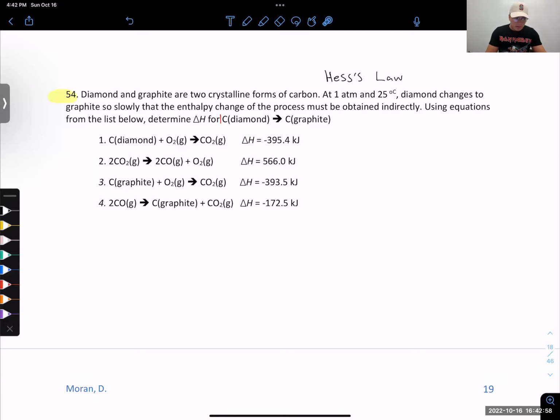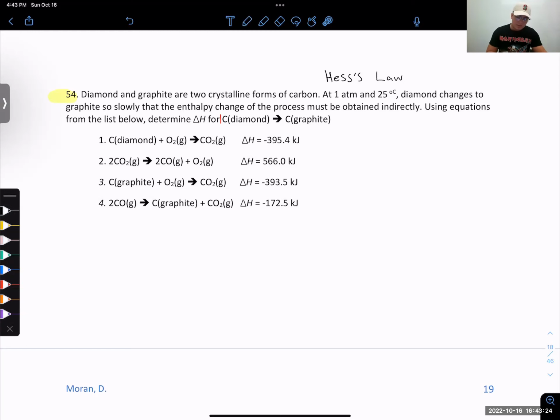The second one, though, we have to make sure that we are, so hold on, let me rephrase this. So we know we want graphite on the right side, right? So in order to do this, we're going to have to rewrite the equations in such a way that all the intermediates cancel out.